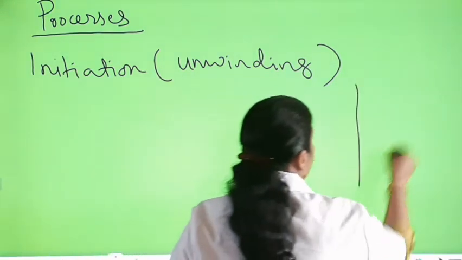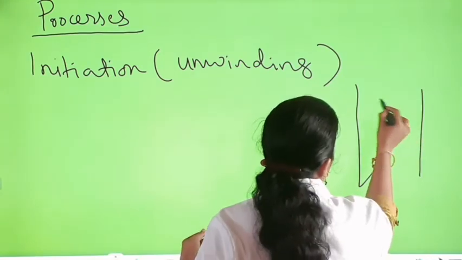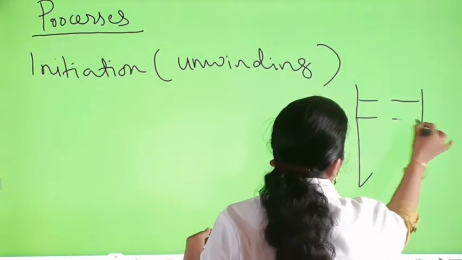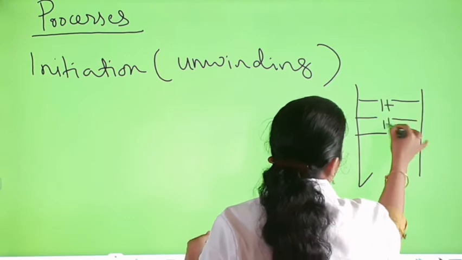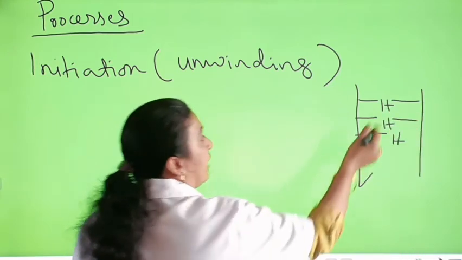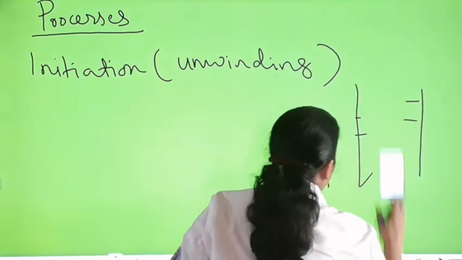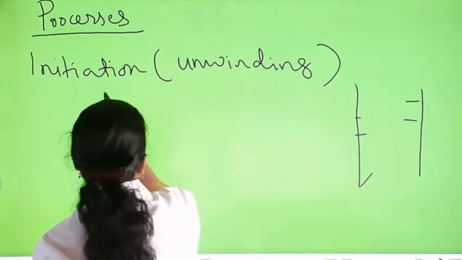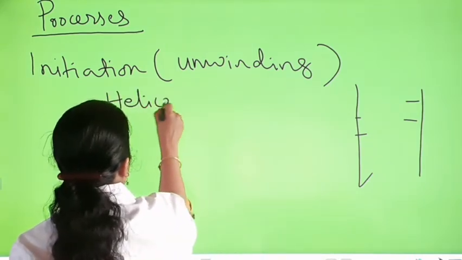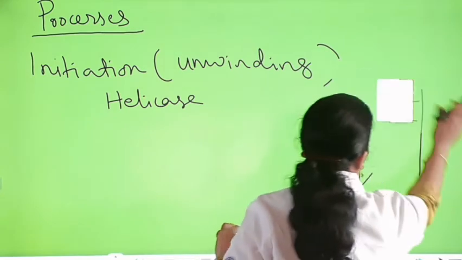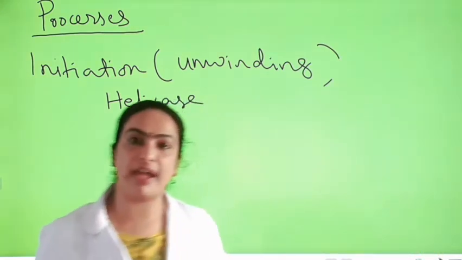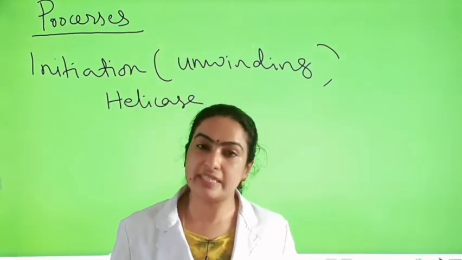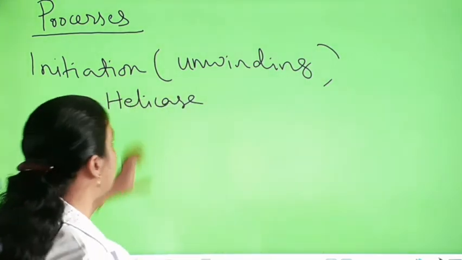In the two strands, the nitrogen bases are linked by 2 or 3 hydrogen bonds, and these hydrogen bonds can be broken by this helicase enzyme. So the helicase breaks the hydrogen bonds between the two strands and the strands are separated. That is the first step.